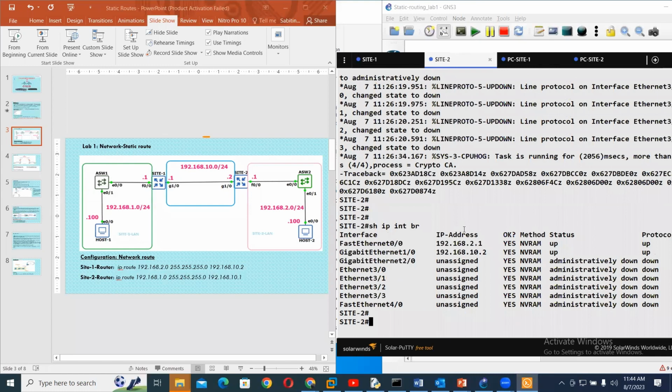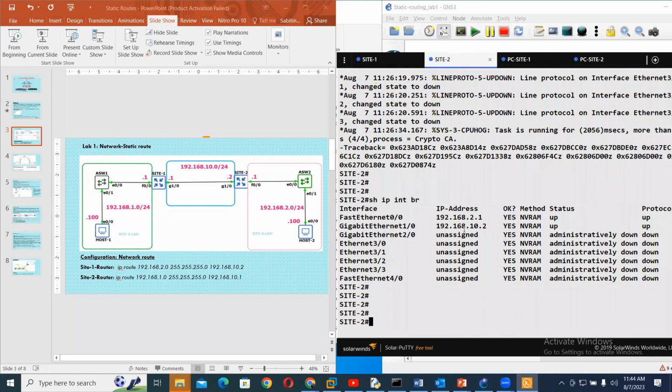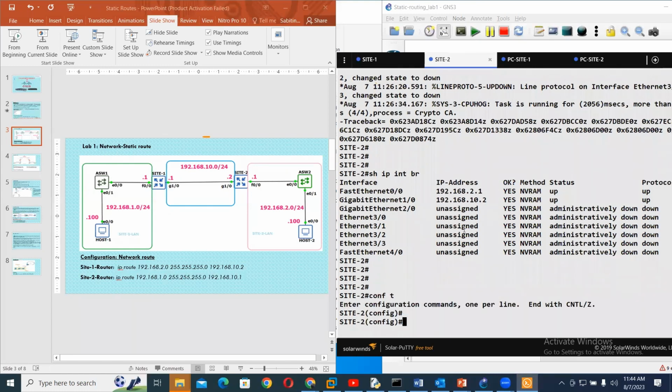So we should configure the reverse of it. Configure IP route on site 2. Our destination network is 192.168.1.0, 255.255.255.0.